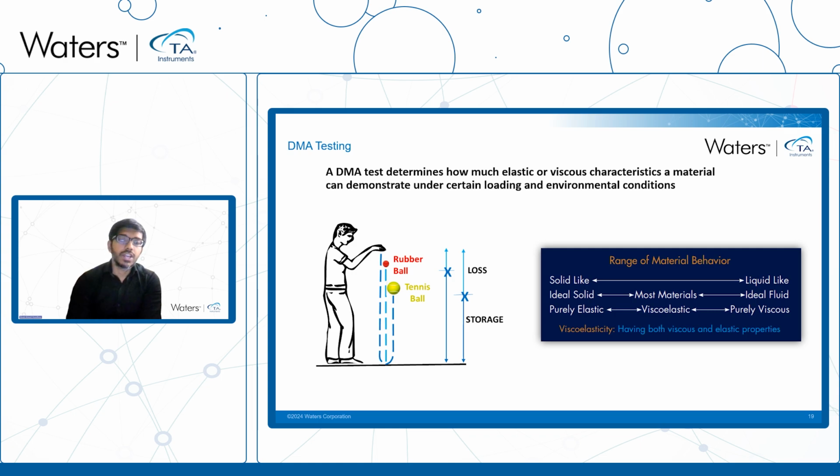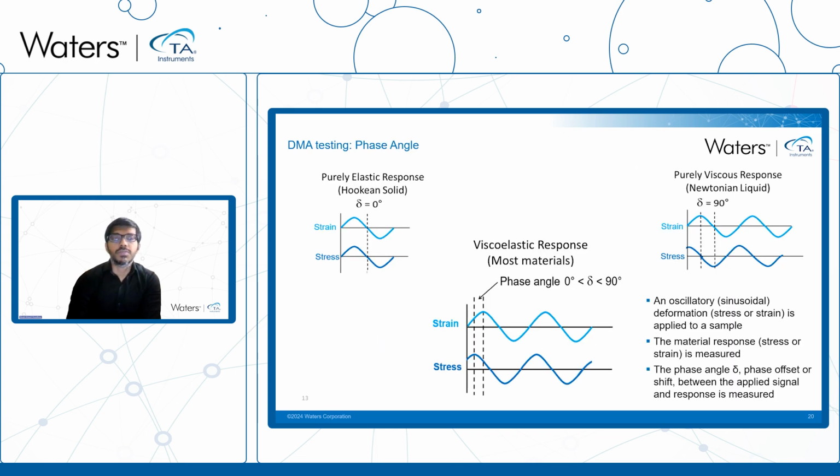On the other hand, when we release the tennis ball from the same release point, it comes back to a lower height compared to the rubber ball. So the tennis ball is losing more energy as a form of heat dissipation. So in this case, the rubber ball is more elastic compared to the tennis ball, or you can say the tennis ball is more viscous compared to the rubber ball. So it is very important to quantify both the elastic and viscous characteristics of a material. And to do that, a DMA test is performed.